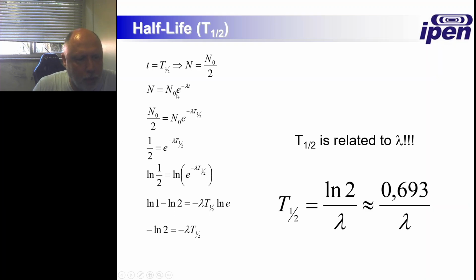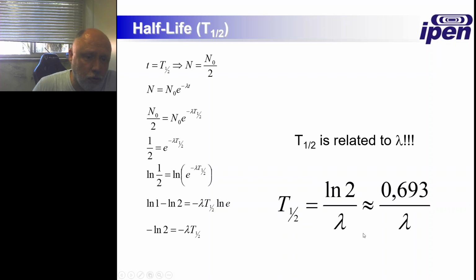So we do all this math. There are also some tricks of logarithms: the logarithm of a ratio is a difference. We do this math here. Trust me, it's correct, I think. And we come to the fact that the half-life is related to the decay constant lambda, which makes sense, right?